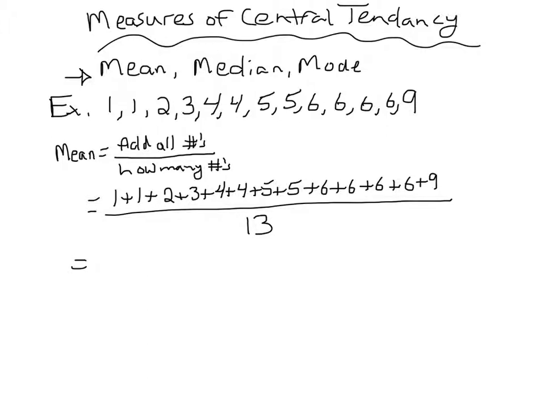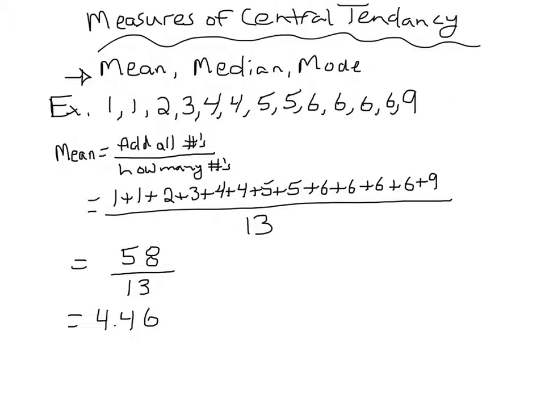So if we add up all of those numbers, 1 plus 1 plus 2 plus 3 plus 4 plus 4 plus 5 plus 5 plus 6 plus 6 plus 6 plus 6 plus 9 equals 58 over 13, 4.46.